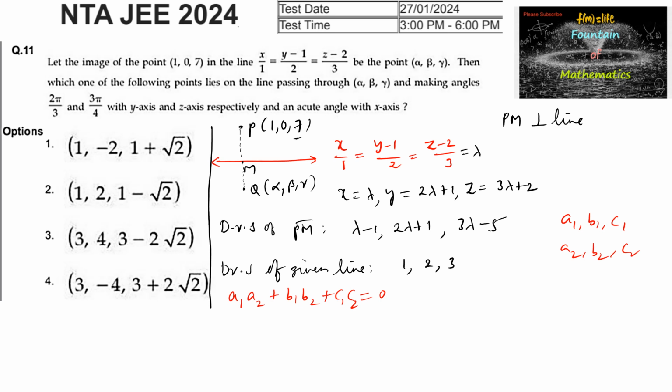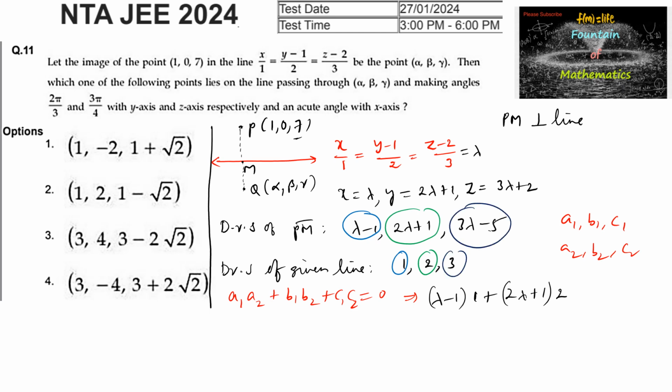So here we can write lambda minus 1 times 1, plus 2 lambda plus 1 times 2, and 3 lambda minus 5 times 3.